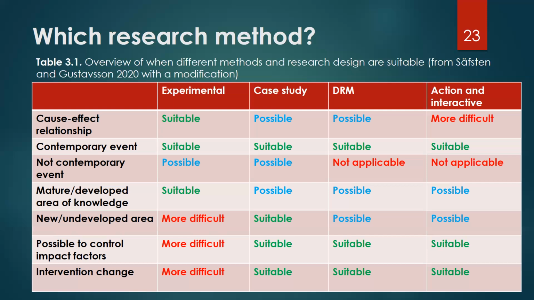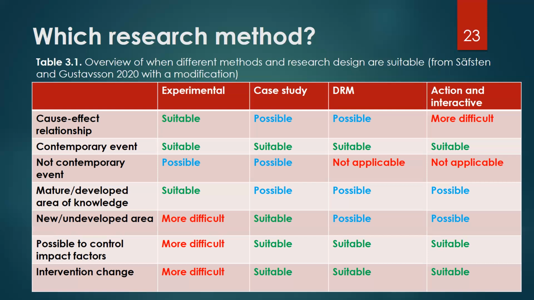In a new undeveloped area, it is very difficult to do an experiment. Case study is suitable, DRM and action are possible. Possible to control the impact factor? Well, experimental is difficult, and the rest are suitable. The same with intervention. So these are the types of research that are done.